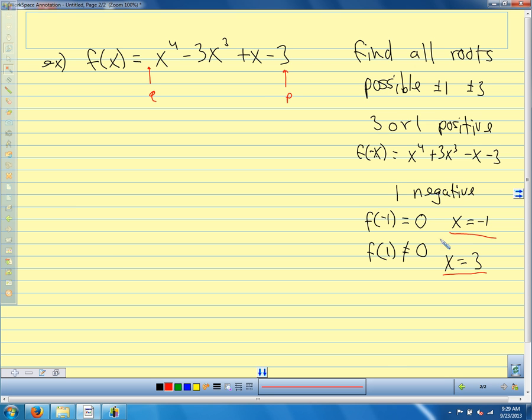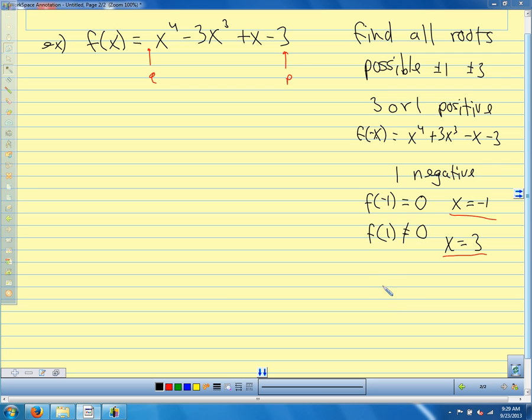A quadratic polynomial. I'm not going to go through the steps. We all know how to do the synthetic division now, hopefully. If you don't, make sure you figure that out before the test. When I do those two synthetic divisions, I'm left with x squared minus x plus 1. And we want that to equal 0. Does this factor?